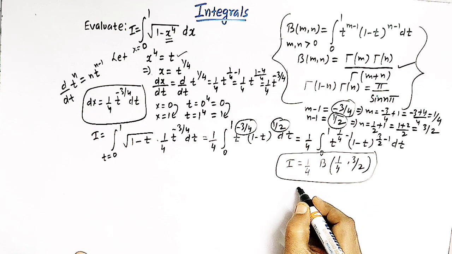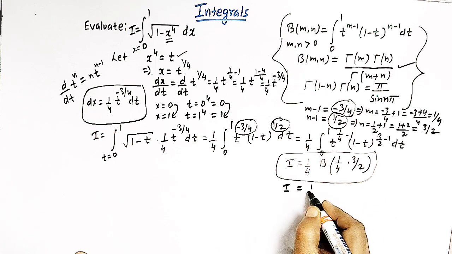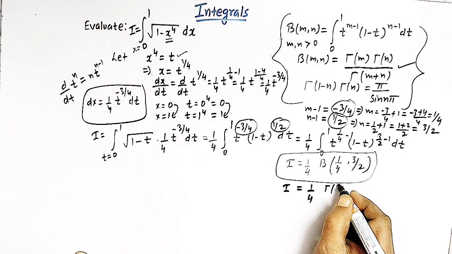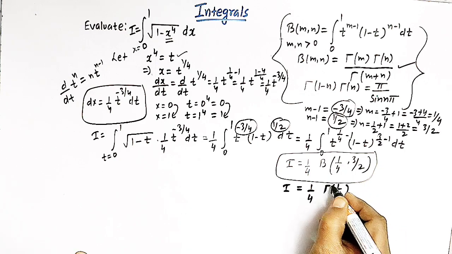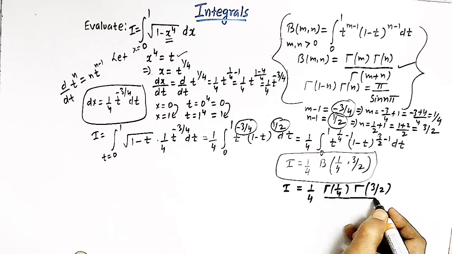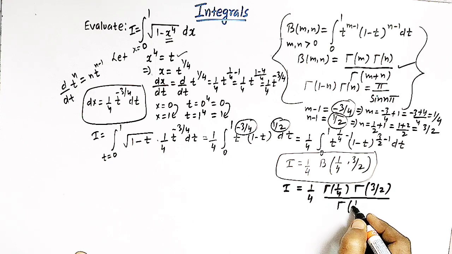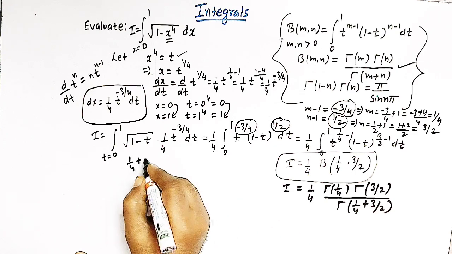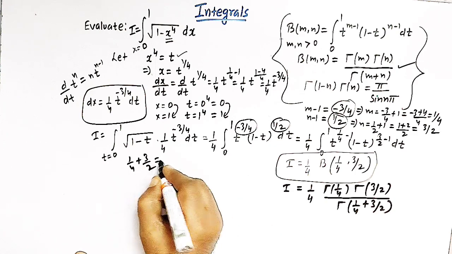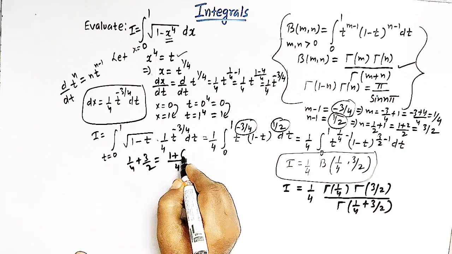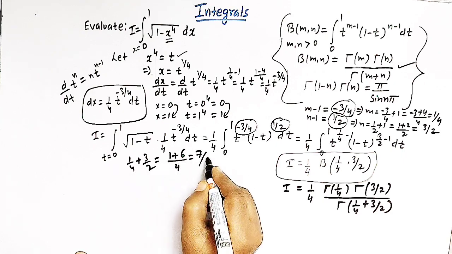So now we can write this integral I as 1 over 4. Then we have gamma 1 over 4, and then we have gamma 3 by 2, and in the denominator we have gamma 1 by 4 plus 3 by 2, right? Now 1 over 4 plus 3 by 2 can be written as, taking the LCM here, 4, then we have 1 plus 6, so this is 7 over 4.